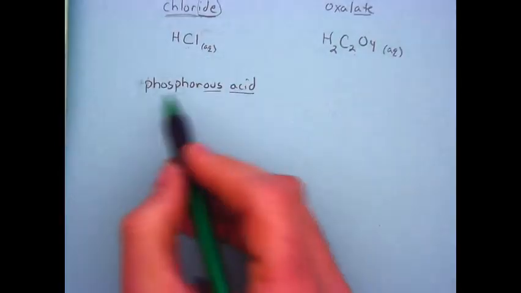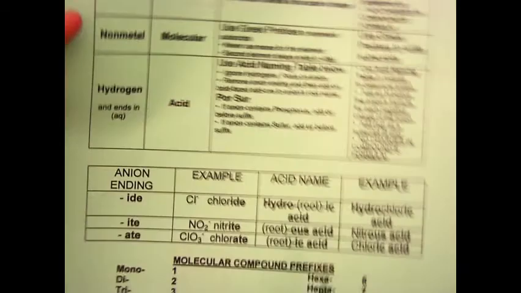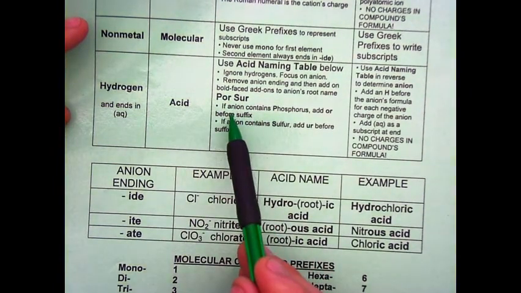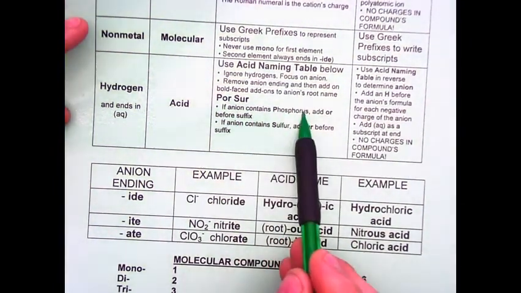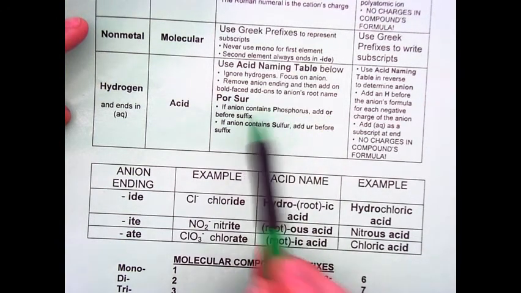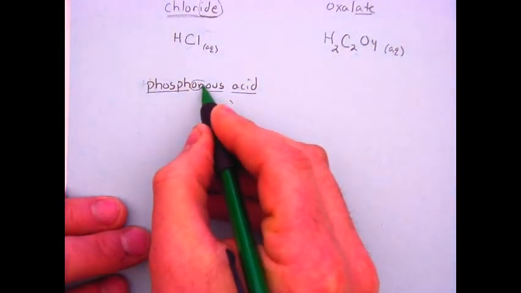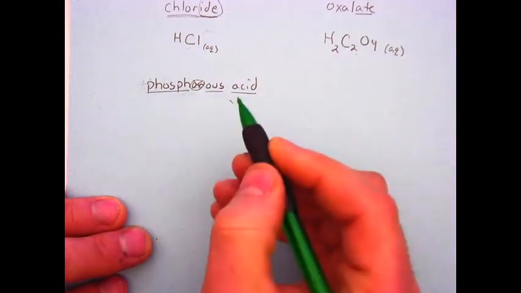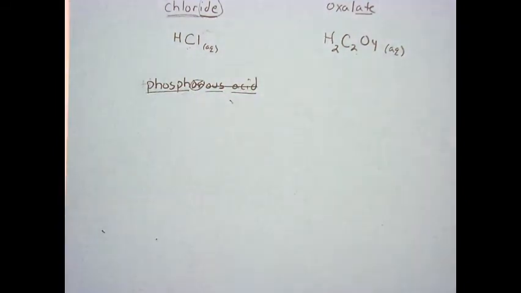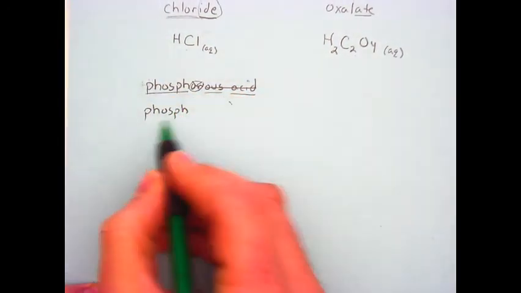But because we see phos, we look at the per-sur rule, which says that when you're naming it, if it includes phosphorus, you add on an additional or before the suffix. So we have to do that in reverse. Here is the additional or. We have to get rid of that, as well as getting rid of the ous acid. And we add on the original anion ending to the root phos.